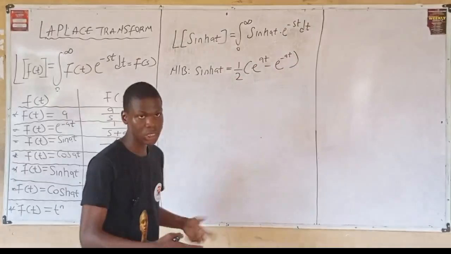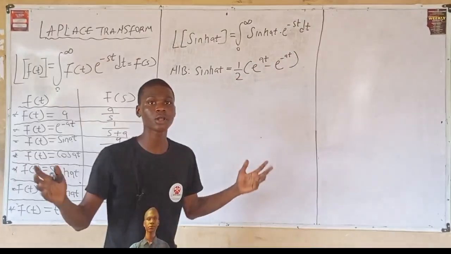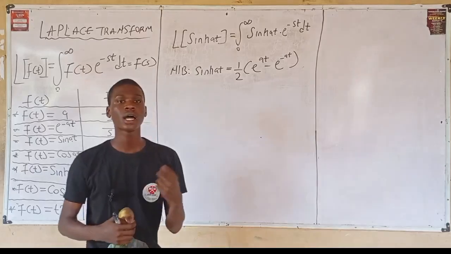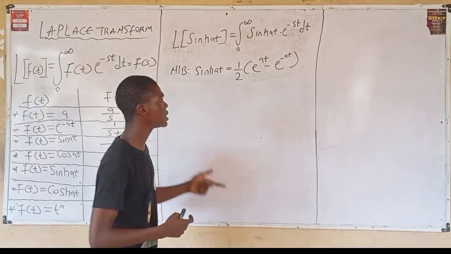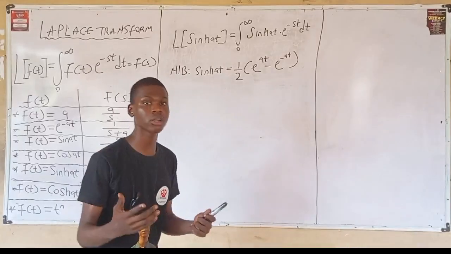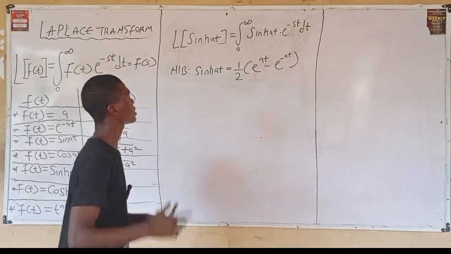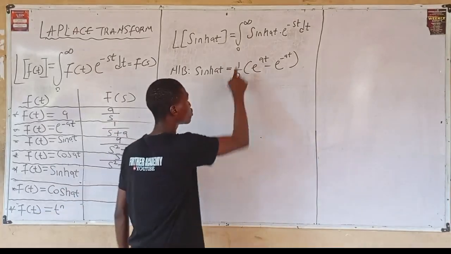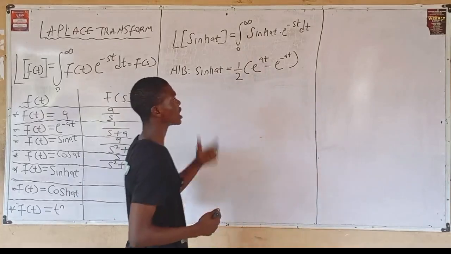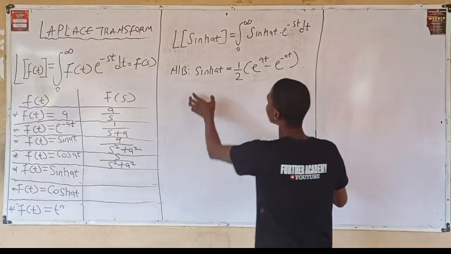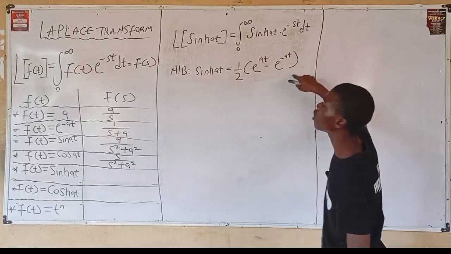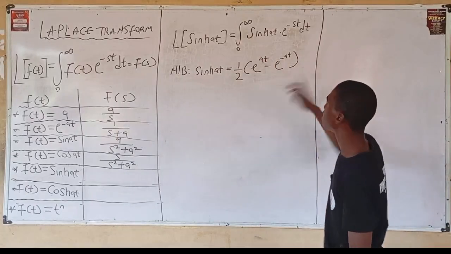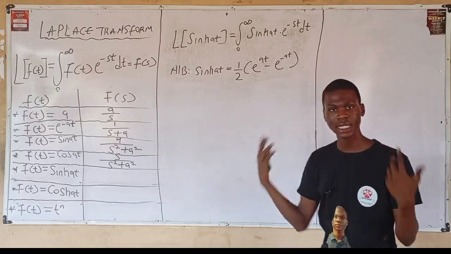Yes, I should be able to solve it, but it's going to take a lot of time and a lot of processes. So recall that sin at is equal to 1 over 2 all into bracket exponential at minus exponential negative at. Anywhere I see sin at, I substitute the whole of this, do my multiplication, and after multiplying, I integrate.